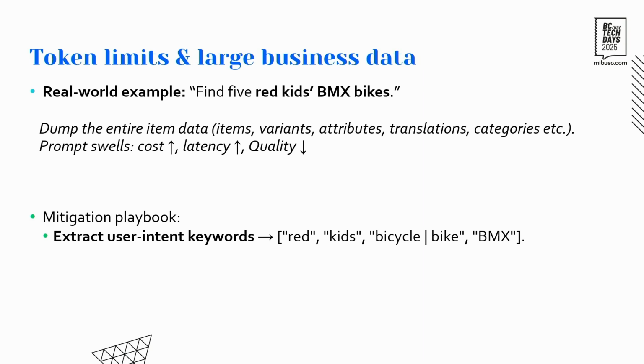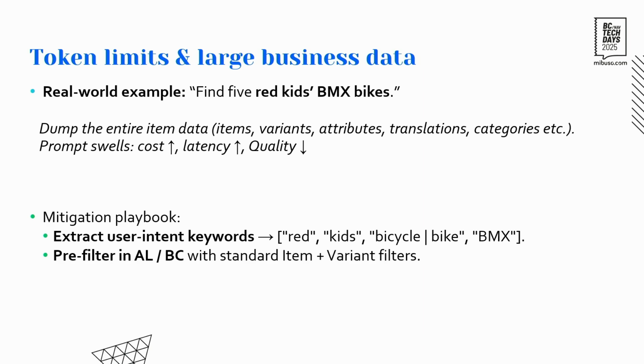You can also extract the alternate terms, or you can be even smarter about it: if your system is in any particular language, what are the different ways of naming the items within the system. So you can try to extract all those keywords from the LLM first. Then you pre-filter all the items based on the keywords that were extracted.